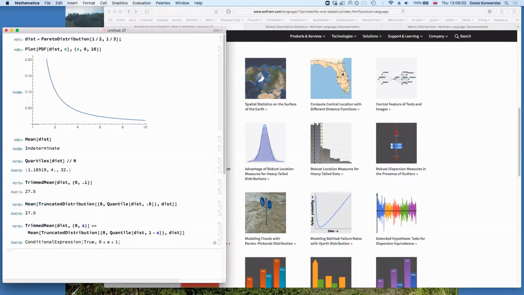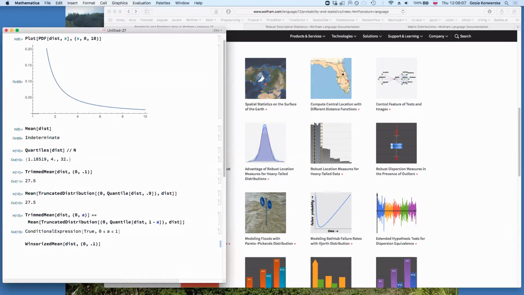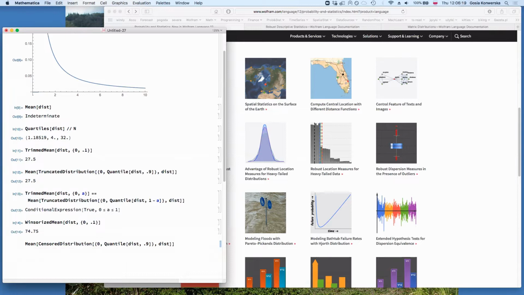Another thing, not just trimming, we could also consider clipping our distribution, and that's what is called, in this case, the Winsorized mean. Compute the Winsorized mean. That means that we are clipping at 10%, and this corresponds to censoring. So computing the Winsorized mean of a distribution means that we are computing the mean of a corresponding censored distribution.